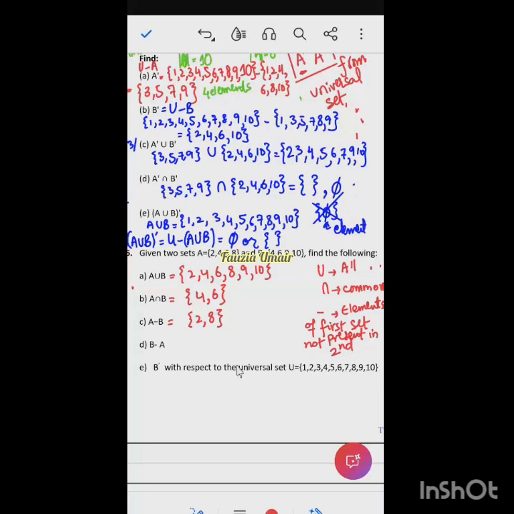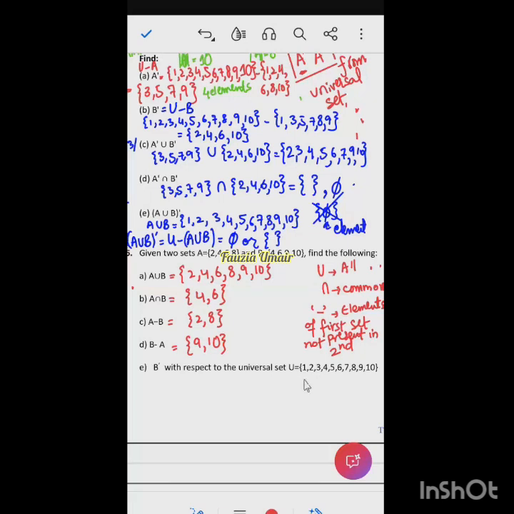So what is B minus A? 9, 10. Right? So now the last question is find B complement. But for complement we need a universal set. So they are saying find B complement with respect to this set. Take this set as the universal set.